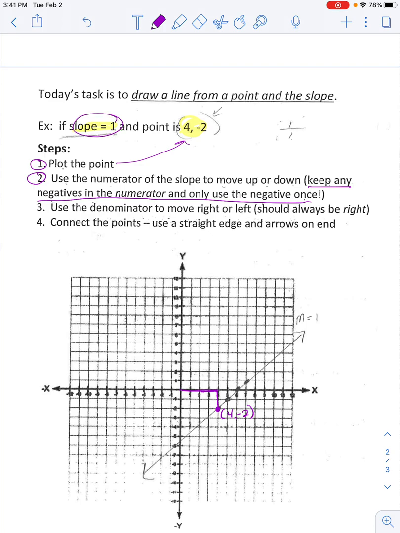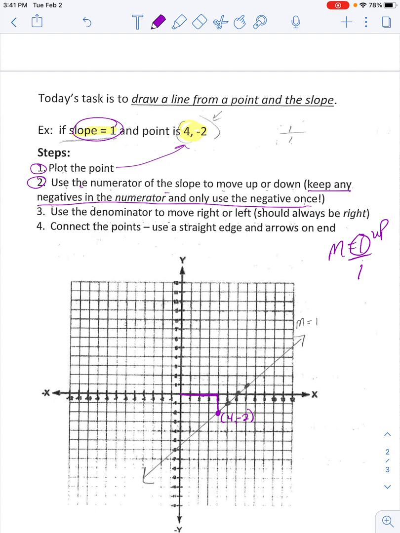The slope is 1, so we can also say 1 over 1, which is 1. The numerator tells us to go up or down. That's a positive 1, so we're going to go up 1. In other words, we're going to rise 1.